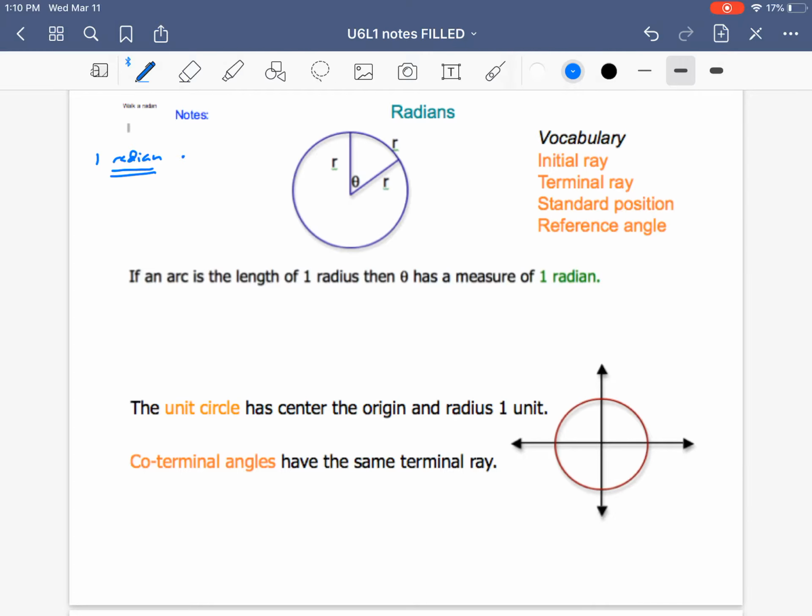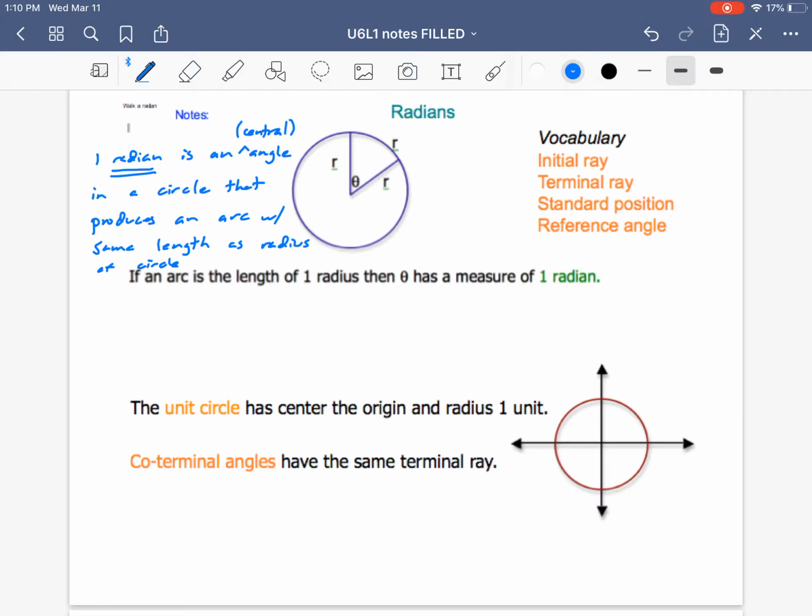So 1 radian is an angle in a circle, and I should say a central angle, a central angle that produces an arc with the same length as the radius of the circle.